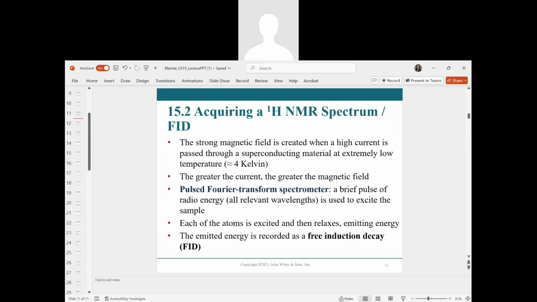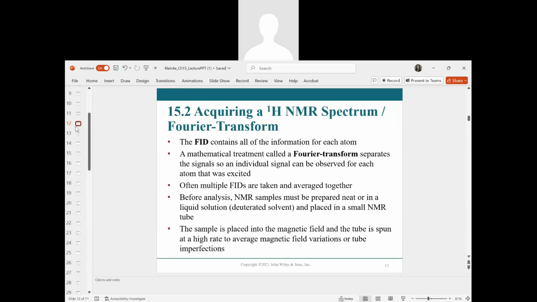We see the emission of energy, and this is recorded using what's referred to as free induction decay. But again, you will not need to know all the details of the inner workings of the spectroscopy as far as utilization of this free induction decay and the Fourier transform mathematical calculation that's involved to convert these signals into what we see generated on the spectra.